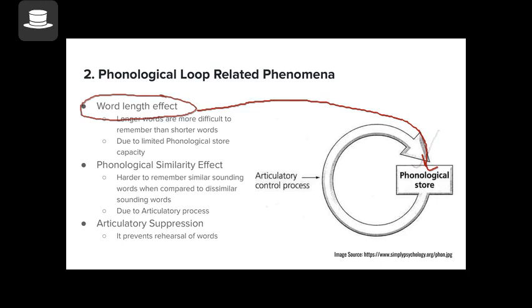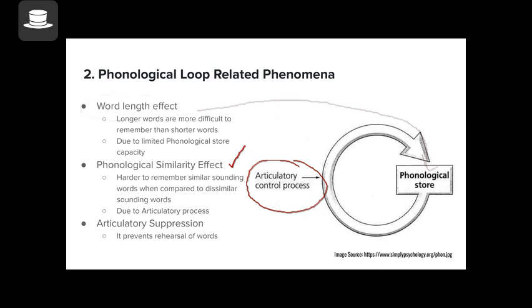phonological store. Now, let's talk about the other two phenomena related to the articulatory process. The next phenomenon we're going to talk about is called the phonological similarity effect. It is a finding that it's harder to remember a list of similar sounding words when compared to dissimilar sounding words.